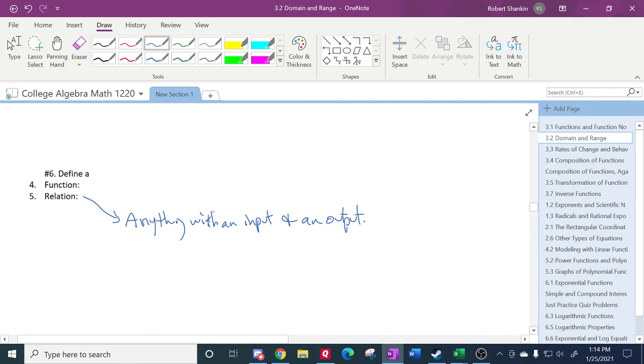Generally speaking, it's not of interest to us unless they change together. When one changes, the other changes. And a function could be exactly the same thing, or you could put it the way I did before, an input-output process.